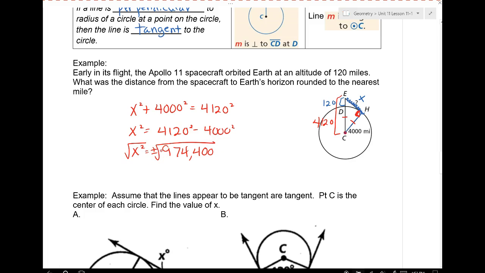Can I drop the negative, though? Yep. So what do we get approximately to the nearest mile when you guys punch that in? Is everyone in agreement? Those of you that got your calculators working, do you agree? I don't want to take just one person's word for it. Did we get 987? All right. Don't forget, you need to label. So that'd be about 987 miles in this diagram.